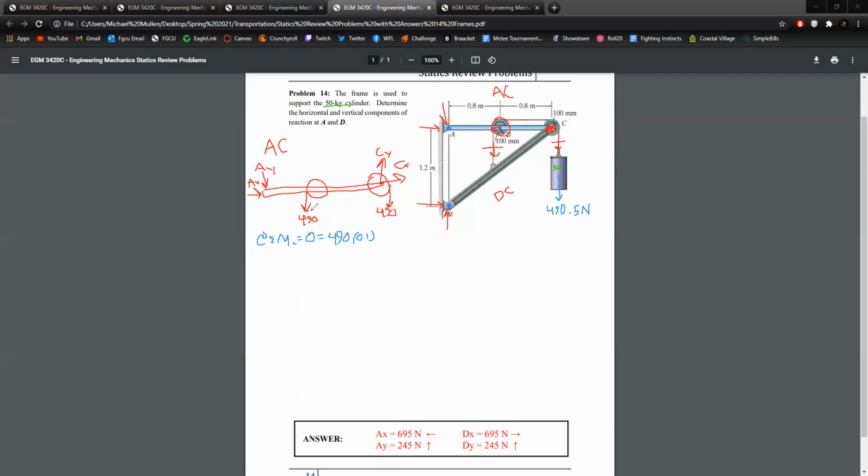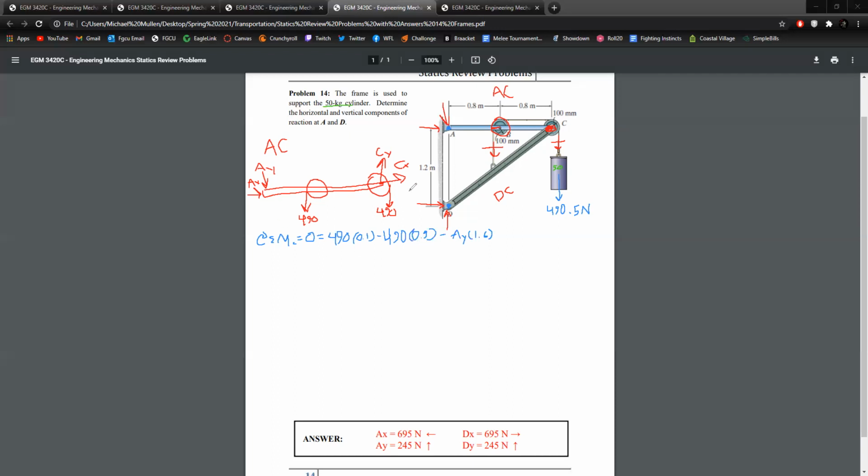Cx and Cy are going to go away. Taking the moment clockwise, we're going to have minus 490 from this piece. That will be times 0.8 plus another 0.1, so times 0.9. AX will go away as it moves all the way through here, passing through C, and we'll have minus AY, since we assumed AY going down, times the entire distance of 1.6 meters.